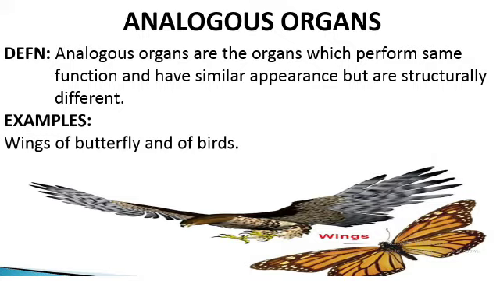So there are no bones or feathers in the wings of insects or butterflies. Even though structurally they are different, functionally they are the same because both of them require the wing to fly. Hence organs which are superficially similar but different in structure and origin are called analogous organs.